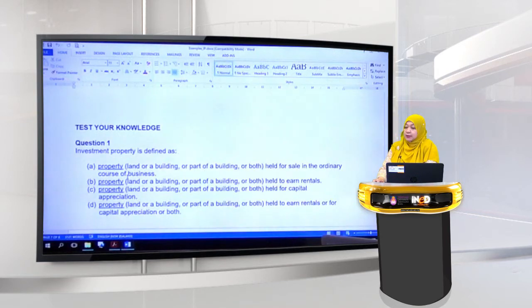So if you look at the question here, there is a definition of such, that is the property, land or building or part of the building or both which is held to earn rentals or for capital appreciation or for both.